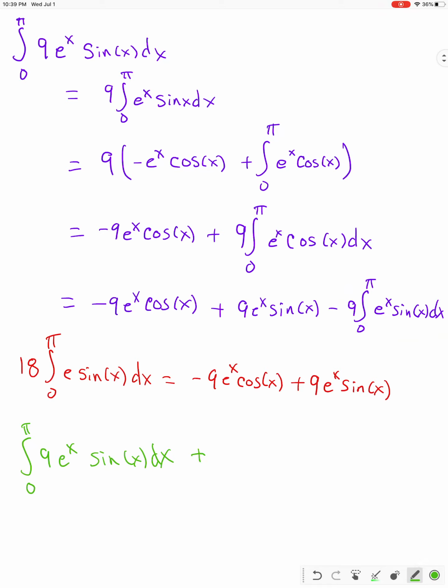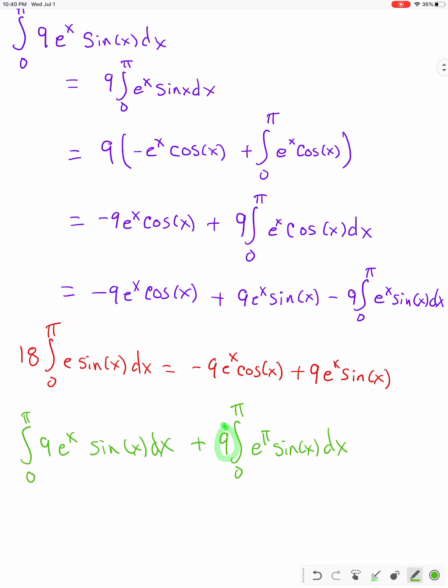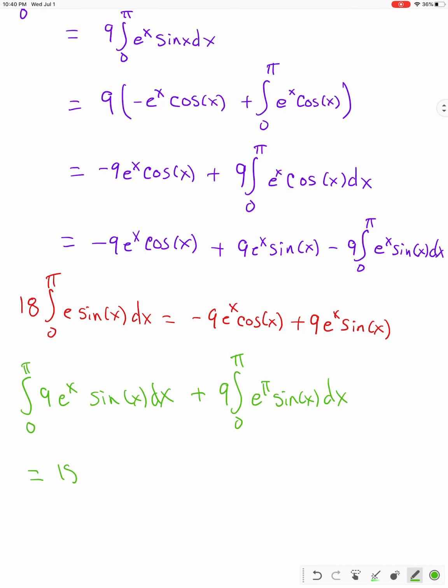So then you have plus 9 integral from 0 to pi e to the x times sine of x dx. That's what you did. And then you said, well, I have 9 of them here and 9 of them there, so when I add 9 plus 9 together, I get 18. So 18 integrals from 0 to pi of e to the x sine of x dx.